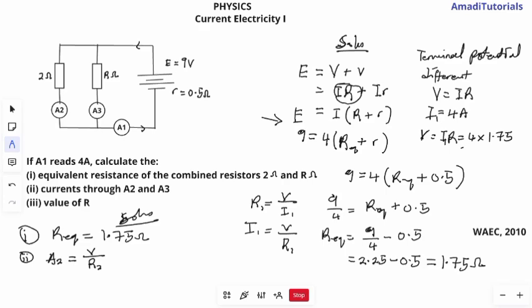And that will give us what? 4 times 1.75 will give you 7. So you now have 7 volts. So we have gotten the terminal potential difference.